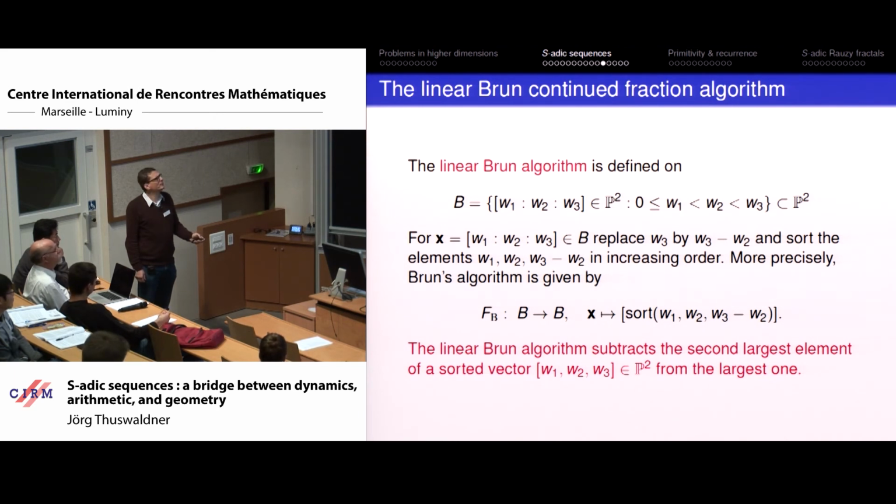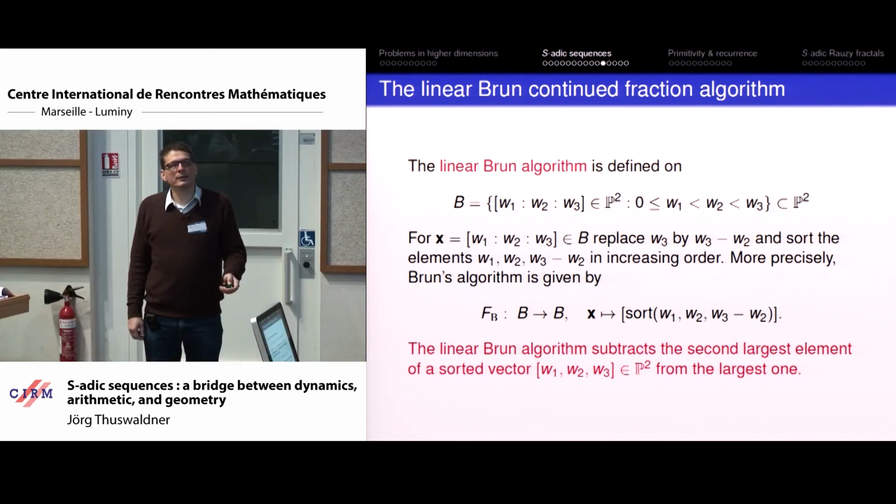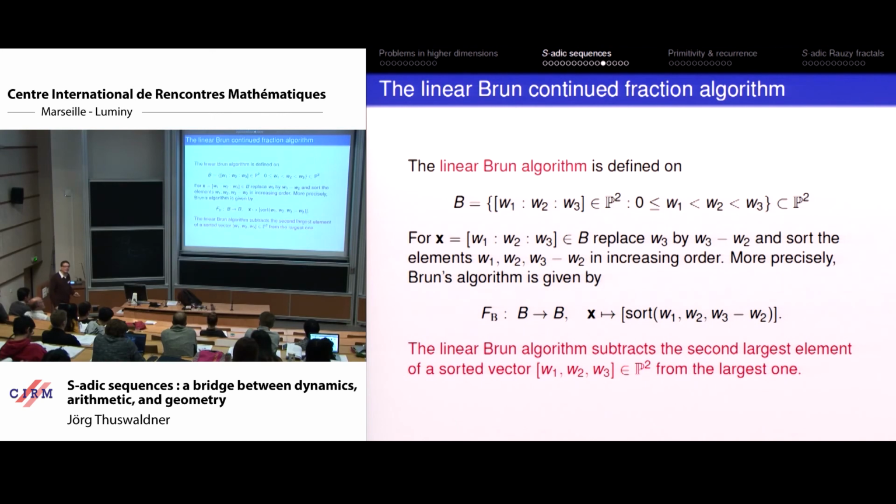Sometimes I'm sloppy and mix strict and non-strict, but we are interested in full measure, so we don't care about strictness or non-strictness of inequalities. This is Brun: subtract the second largest from the largest and sort it. It's just a natural idea to generalize the classical additive continued fraction algorithm to dimension 3.